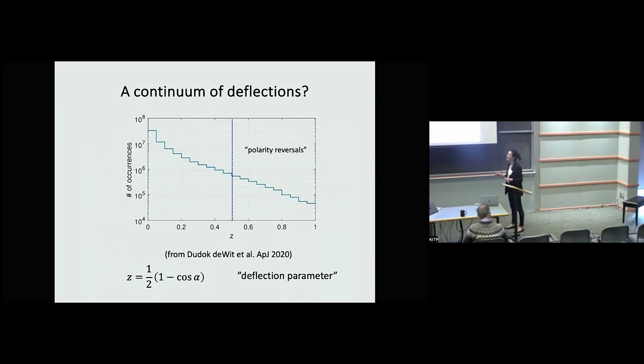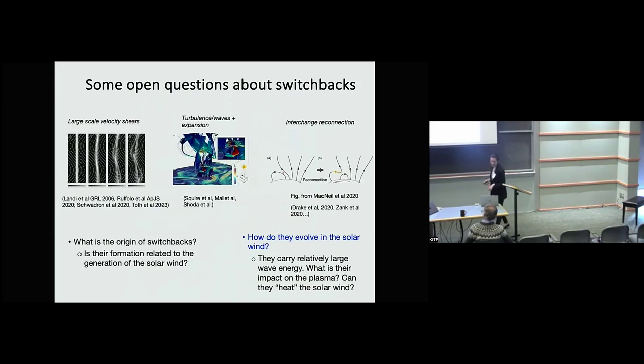Now, it's quite interesting to notice that indeed you have a continuous distribution of these deflections, which is another way of saying that the switchbacks are an intrinsic part of this turbulence. However, I'm going to make a case that switchbacks are an interesting object, a strange animal to study on their own. And there are indeed many important open questions regarding switchbacks.